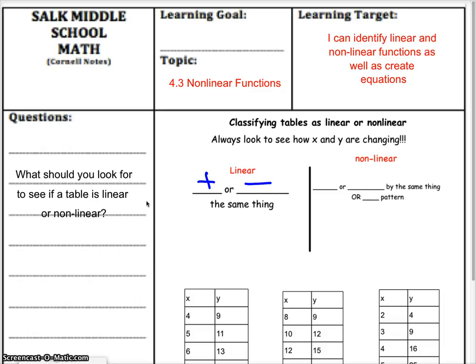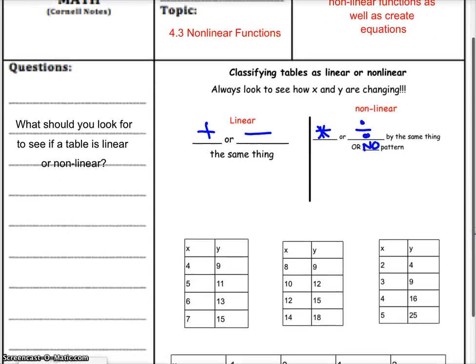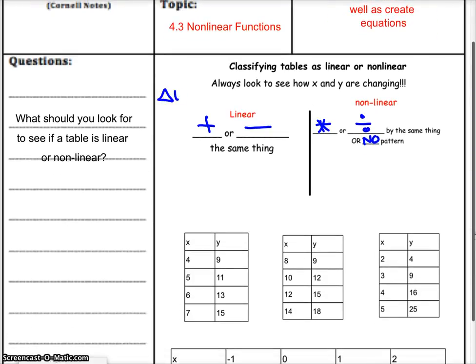It's finding that slope, that m, how y changes over how x changes. Nonlinear is when you multiply or divide by the same thing, or if there's no pattern. So linear is only when you're adding and subtracting by the same thing. And when I say by the same thing, I mean change in y over change in x. Remember that triangle means change, delta y over delta x.